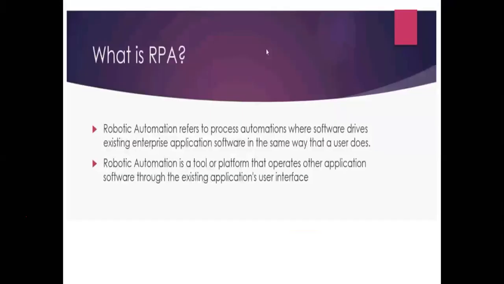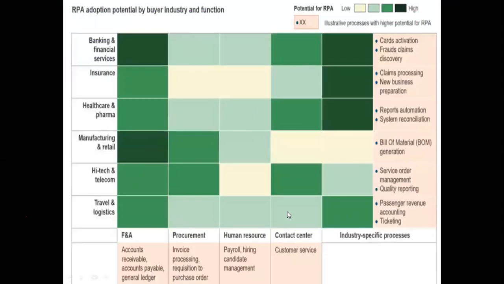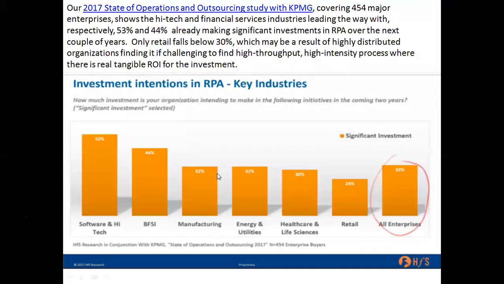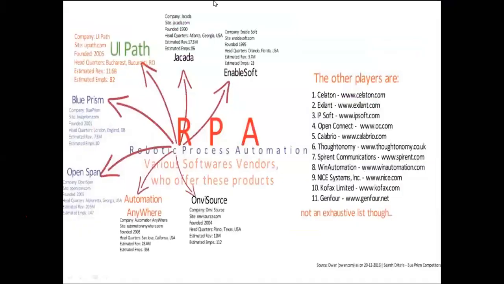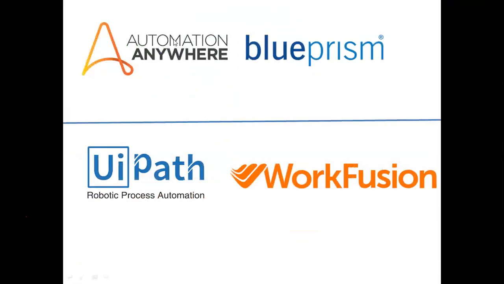And what is the basic definition of RPA? Robotic automation refers to process automations where software drives existing ERP applications. We also covered the areas where RPA can be easily implemented, the very strong adoption, and how industries are going to invest in RPA as per the KPMG survey. We covered the different tools in RPA like Blue Prism, UiPath, Automation Anywhere, and who the leaders in the market are right now: Automation Anywhere in the first place, Blue Prism, UiPath, WorkFusion.